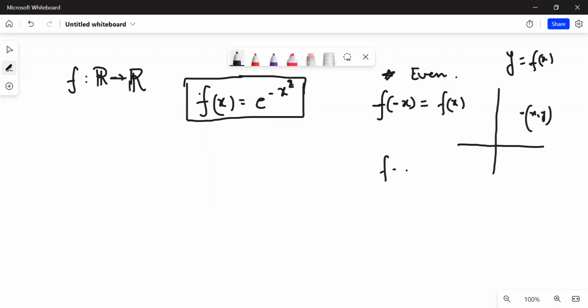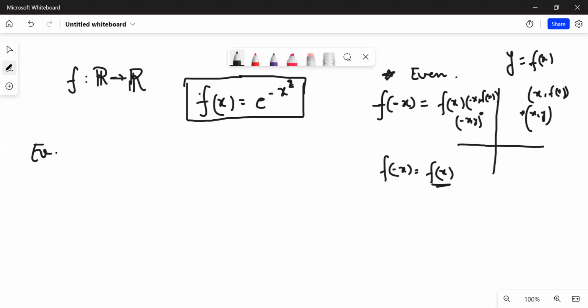That f of minus x would be defined and f of minus x would again be f of x only. So if the point x comma f of x is there, then minus x comma f of x would also be there. So if x comma y is there, then minus x comma y would also be there. Is that clear or is that not clear?